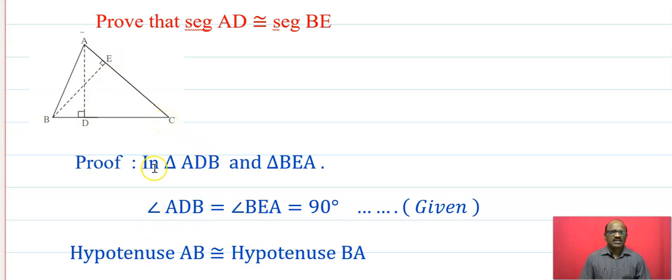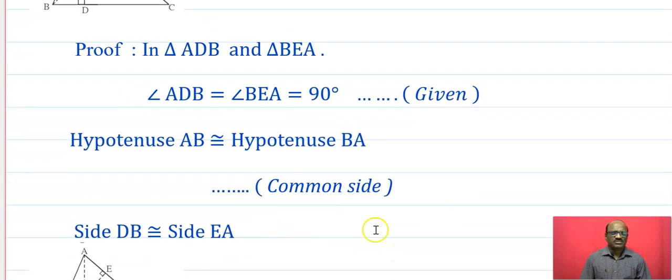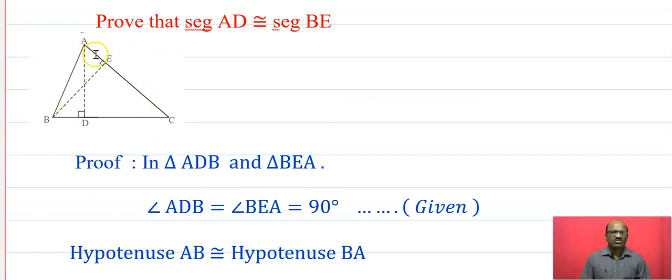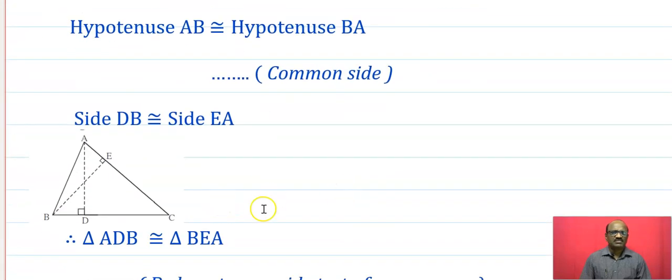Now see this here. In triangle ADB and triangle BEA, the measure of angle ADB is equal to the measure of angle BEA, each 90, which is given. The hypotenuse AB is congruent to hypotenuse BA, which is the common side. And side DB is congruent to side AE, again given.